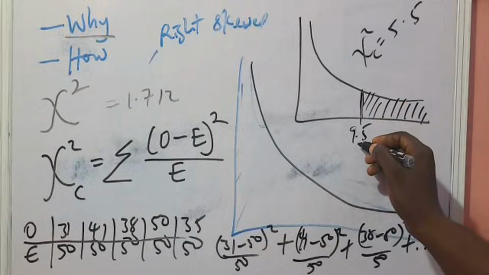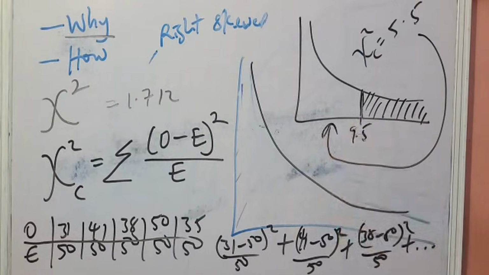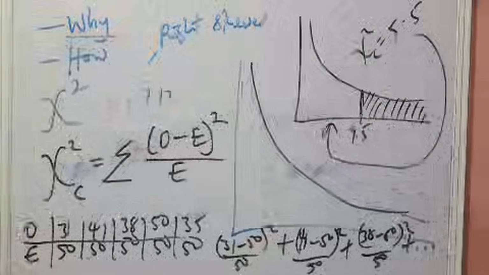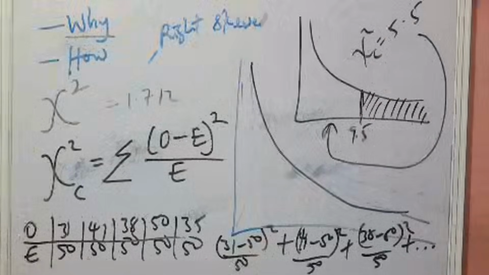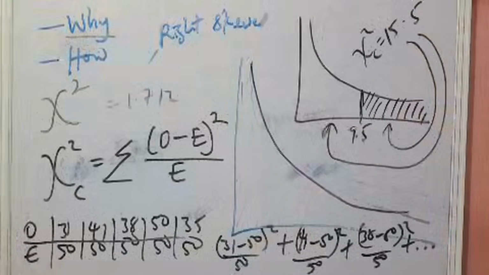If the critical value was 9.5, 5.5 obviously will fall before 9.5, and that doesn't represent the rejection region. So in this case, we do not reject the null hypothesis. Now, let's say we got 15.5 as our test statistic. Of course, 15.5 falls inside the rejection region, so we reject the null hypothesis.